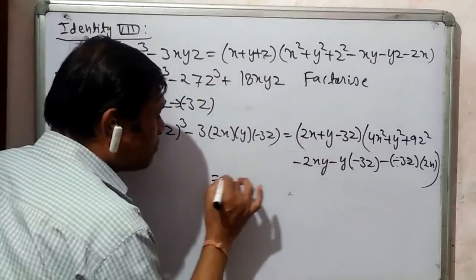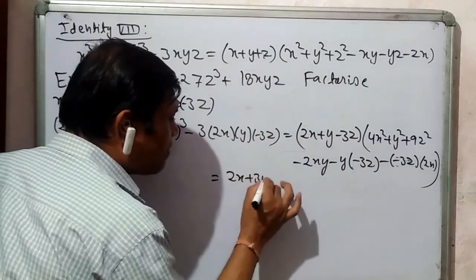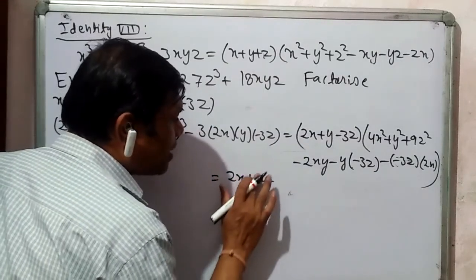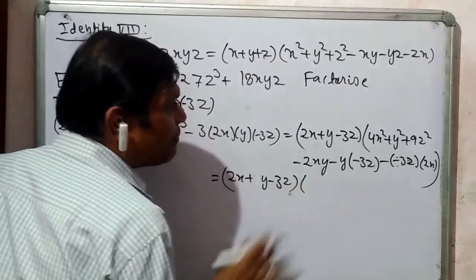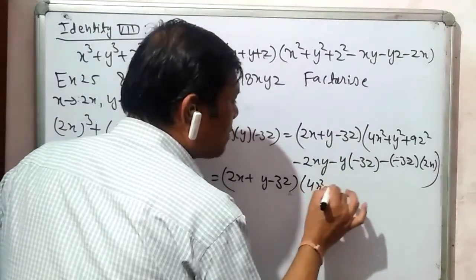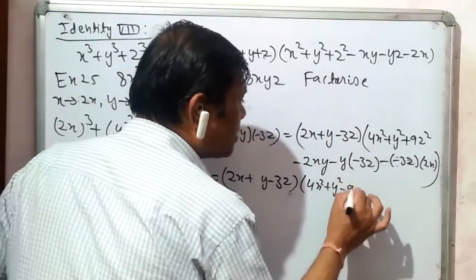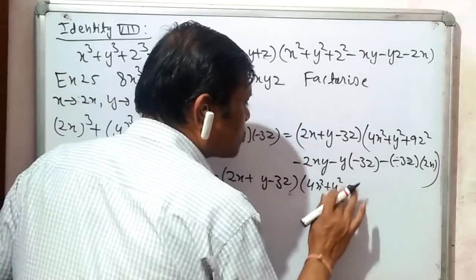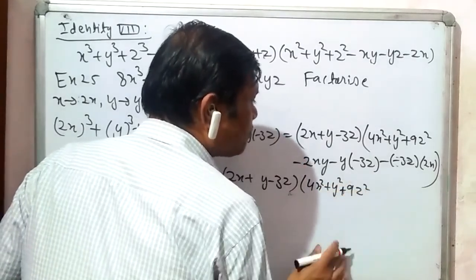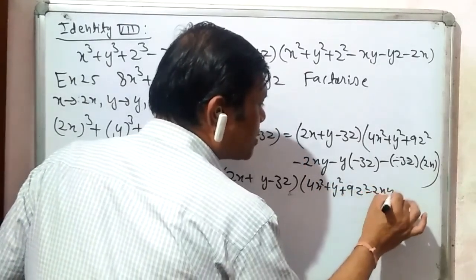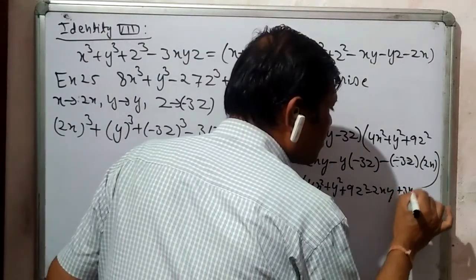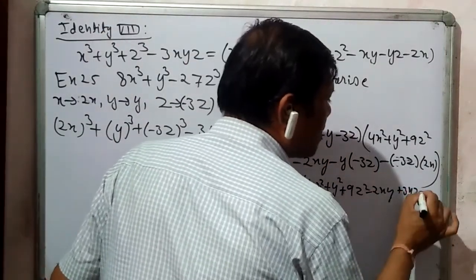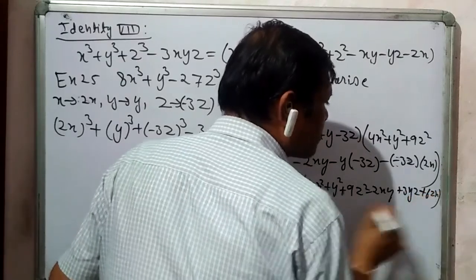Solve this out. We have (2x plus y minus 3z) multiplied with (4x square plus y square plus 9z square minus 2xy plus 3yz plus 6zx).